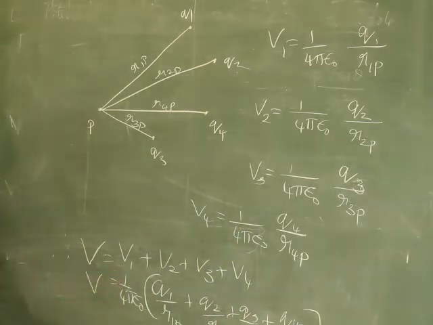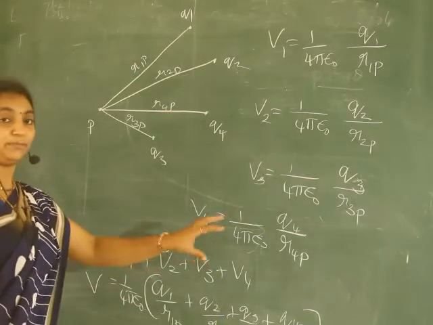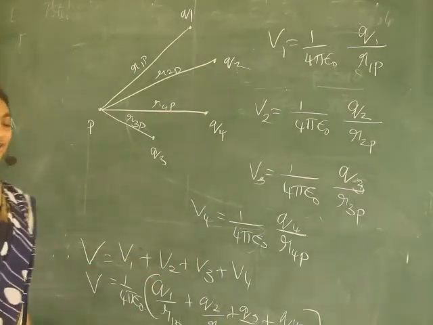Therefore, the total potential is just adding all the potentials due to the individual charges.